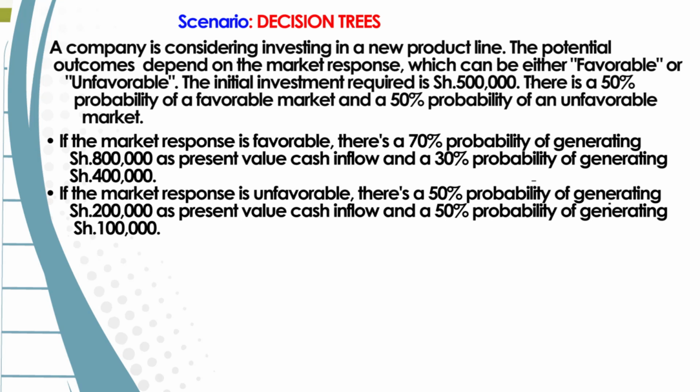A company is considering investing in a new product line. The potential outcomes depend on the market response, which can either be favorable or unfavorable. The initial investment required is 500,000 shillings, or mafaranga, if you like.